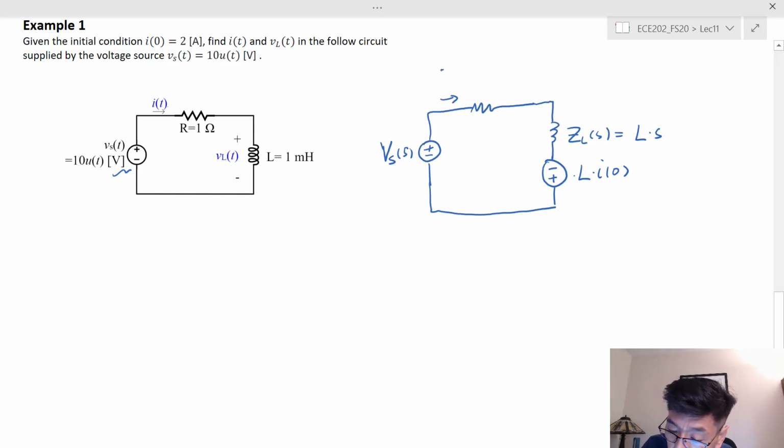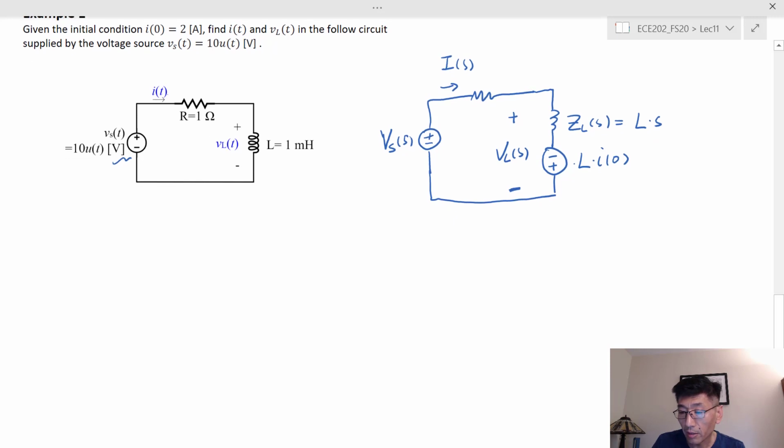Now let's see the current here. The current we're trying to find is I sub s, and the voltage across the inductance is V sub L of t. Make sure you use the total voltage V sub Ls to correspond to that time domain signal, not just the voltage across that impedance, which we call V sub L prime. That does not include the initial condition, and it's not correct if you do the inverse Laplace transform to get V sub L of t from that.